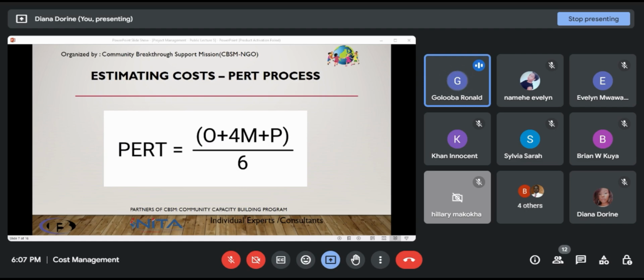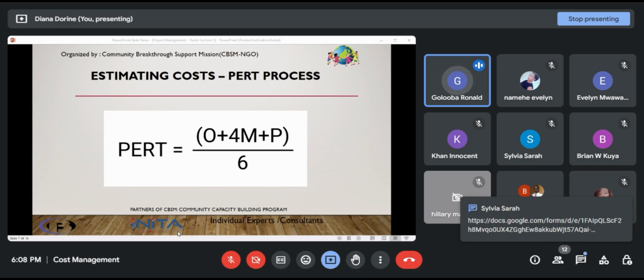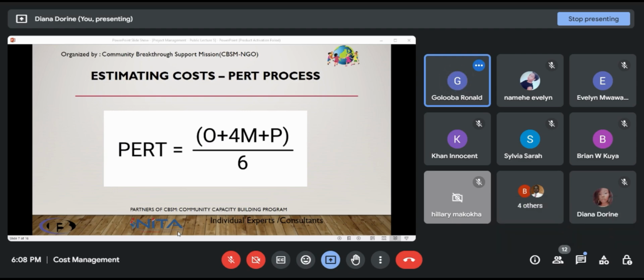So I know someone might be wondering why we are multiplying the most likely estimate by 4, and why we are dividing the whole estimate by 6. The reason why we are multiplying the most likely estimate, which is M, by 4, is to give it more weight compared to the optimistic or the pessimistic estimates.